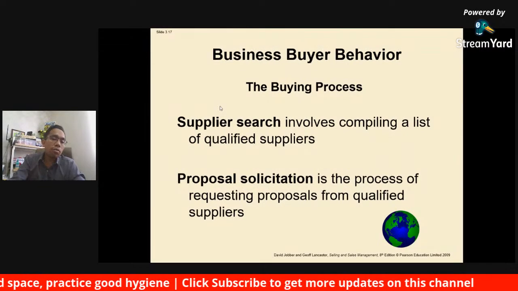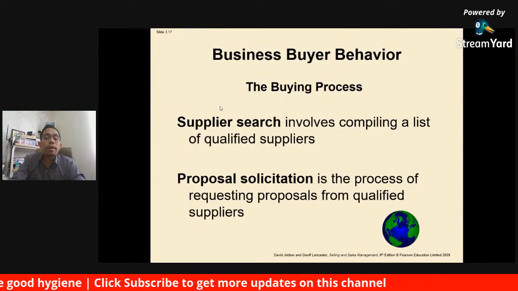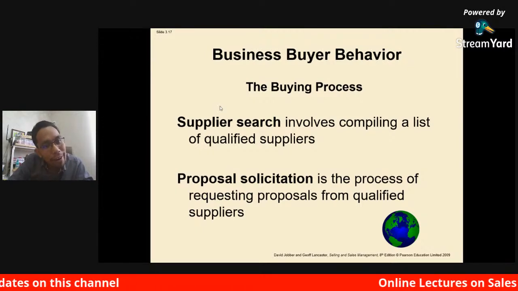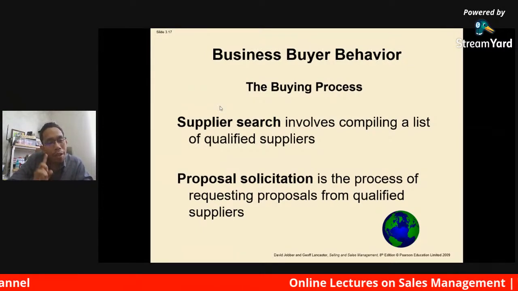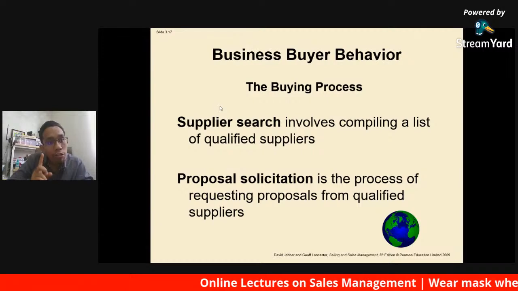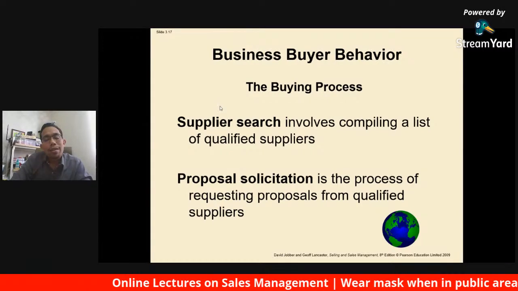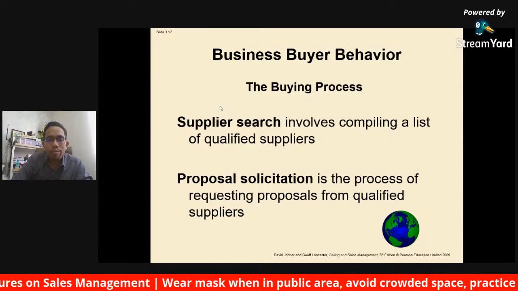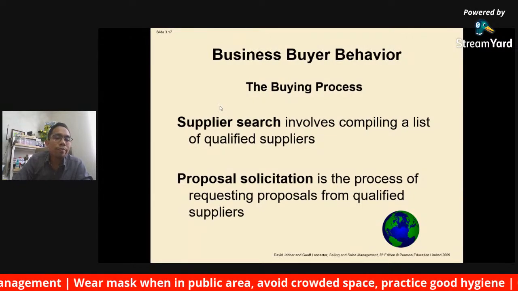You ask them to submit their proposal. You don't have to request a proposal to buy a bar of chocolate, right? But to buy lots of bars of chocolate for your bakery requires proposal solicitation.